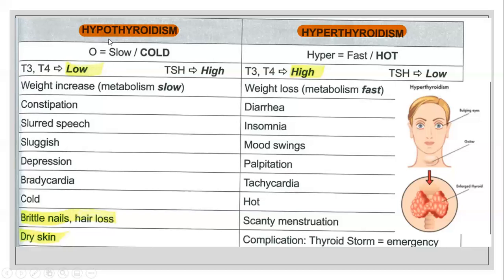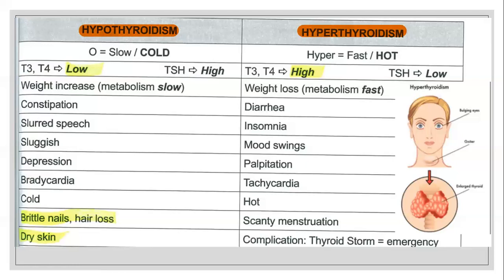On the other hand, we can see hypothyroidism. Hypo, hypo, slow, slow, and also cold. The patient feels cold. T3, T4 go down, but TSH, thyroid stimulating hormone, will go up. Why?